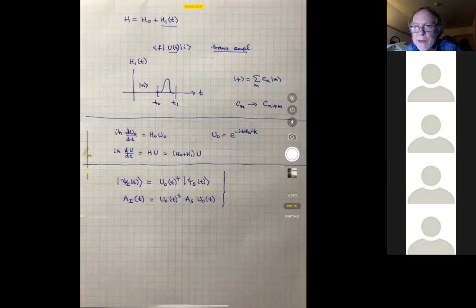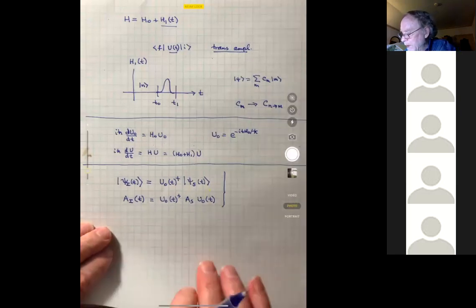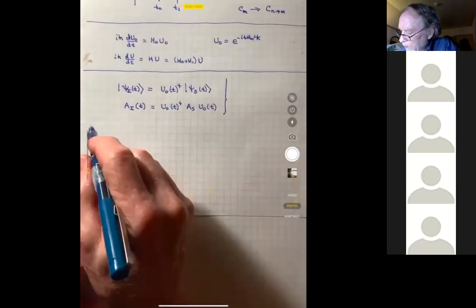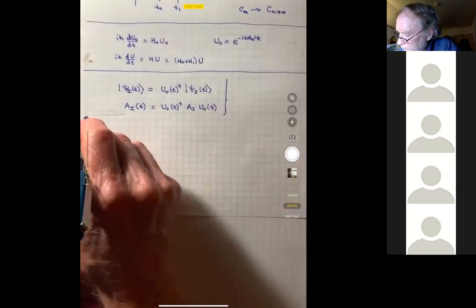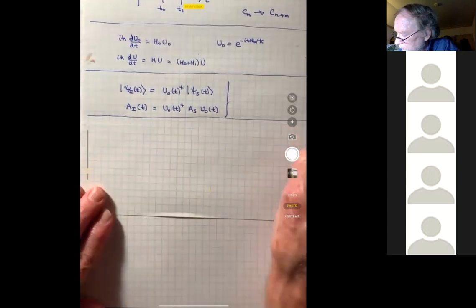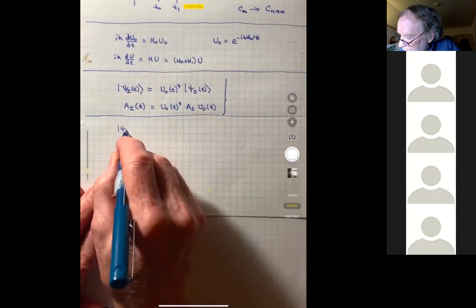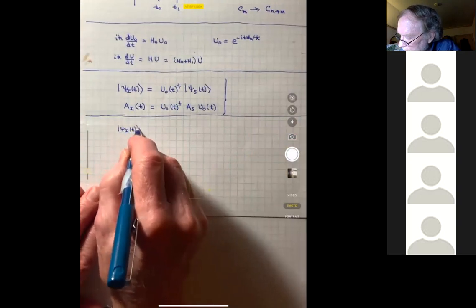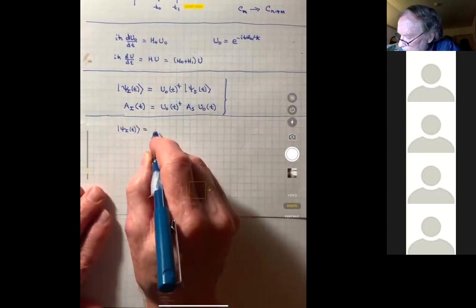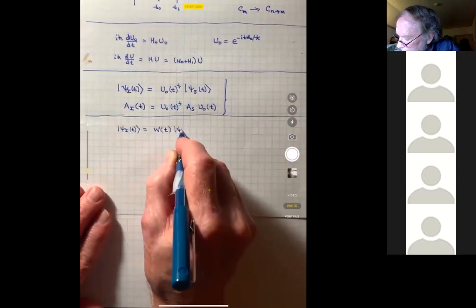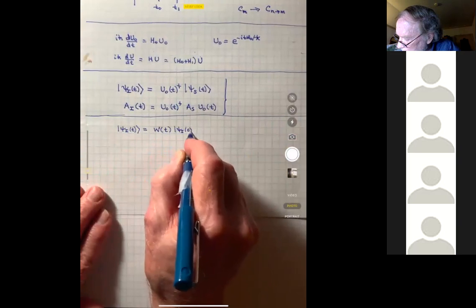Okay, I'd like to begin then with some elaboration on the interaction picture and to say some things about it. So let's see. In the first place, let me draw a line here. So in the first place, let's write the state vector in the interaction picture as a function of time, and write it as a time evolution operator, which I'll call W of t, acting on the state vector in the interaction picture at the initial time.